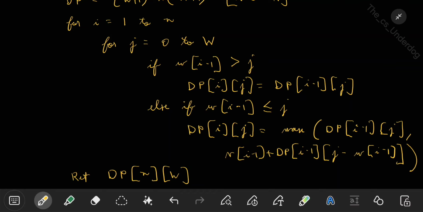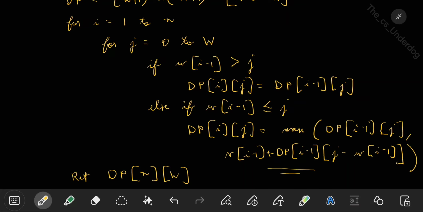What is the other case? The other case is, if the weight of the ith item is less than or equal to j, that means the weight of the ith item is less than or equal to the capacity of the knapsack, you have an option to include this item. Then what should you do? You should see whether including this item gives you more profit or not including this item gives you more profit. How will you see this?